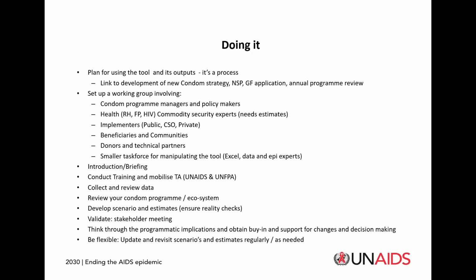Training and TA is available and can be sourced by contacting UNAIDS and UNFPA. There is an important piece of work around collecting and reviewing the data. And it leads to asking pretty difficult questions about what is the state of your condom program? What is the capacity?